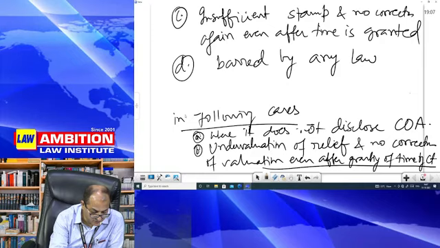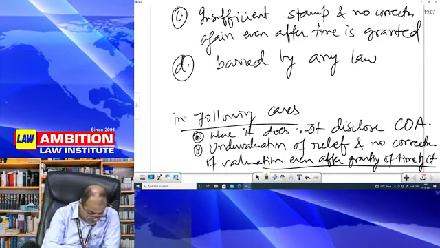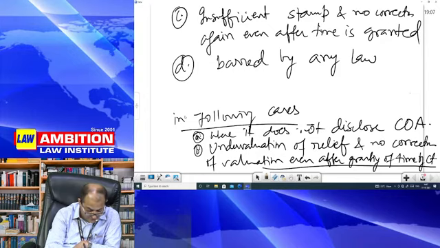E and F, where the suit is not filed in duplicate, this was added later on. CPC Amendment Act 1999, Amendment 2002, clauses E and F as inserted by clause 2 of section 17 of the CPC Amendment Act 1999, with effect from 1/7/2002.